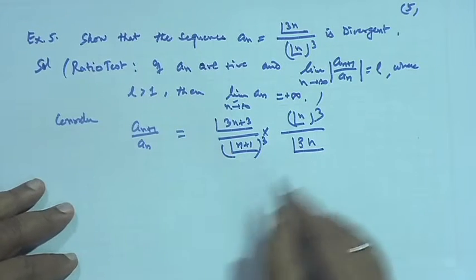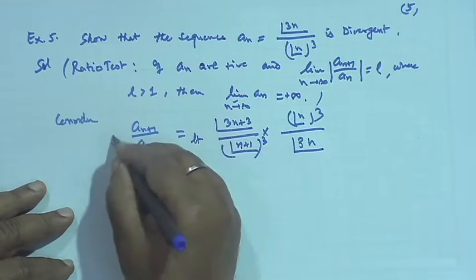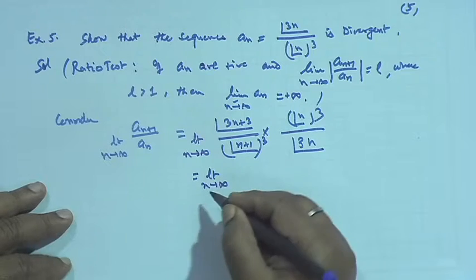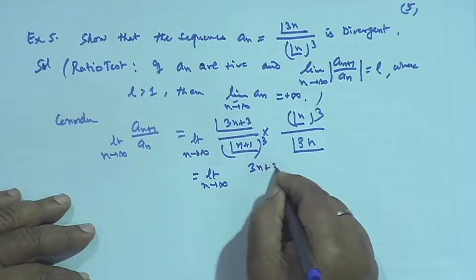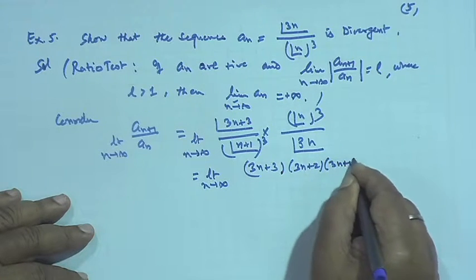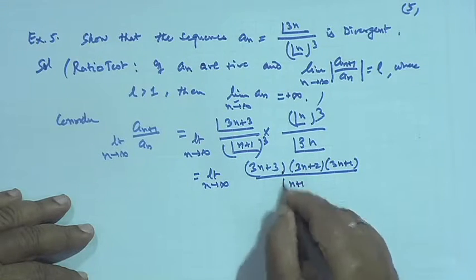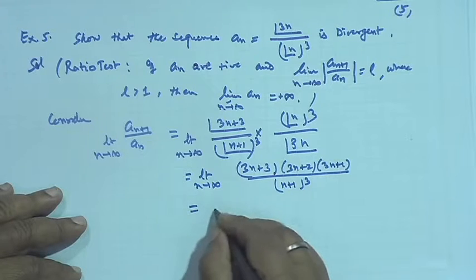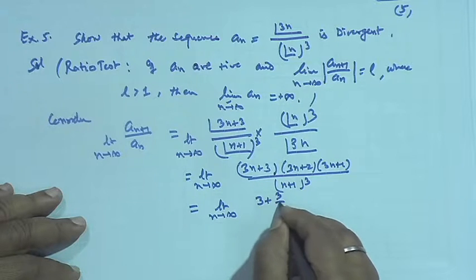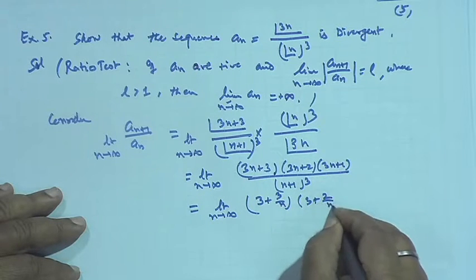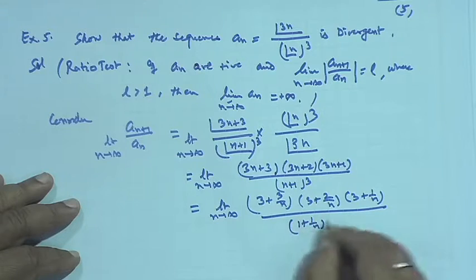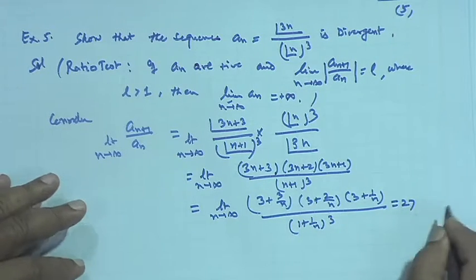If we simplify this part, we get the limit as n tends to infinity of (3n+3)(3n+2)(3n+1) divided by (n+1) cubed. Taking n outside, we get the limit as n tends to infinity of (3+3/n)(3+2/n)(3+1/n) divided by (1+1/n) cubed, and that comes out to be 27, which is greater than 1.